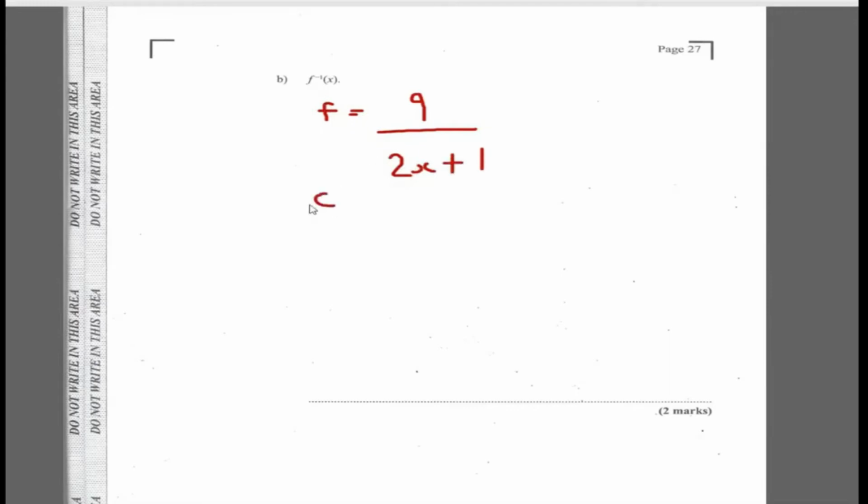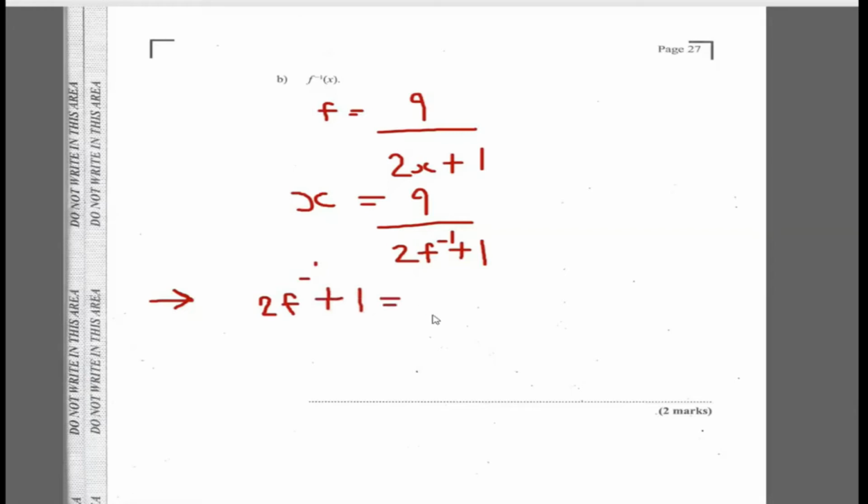When we interchange them, we get x is equal to 9 over 2f inverse plus 1. Now we need to make f inverse the subject. We can interchange 2f inverse plus 1 and x, so that implies 2f inverse plus 1 is equal to 9 over x.